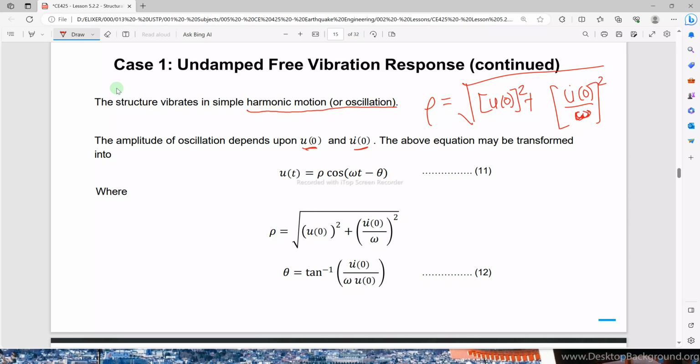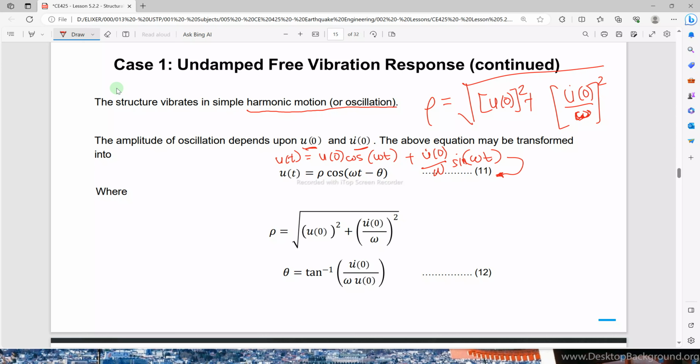So the equation u of t is equal to u of 0 cosine omega t plus u dot of 0 over omega sine omega t can be rewritten in this form, equation 11.